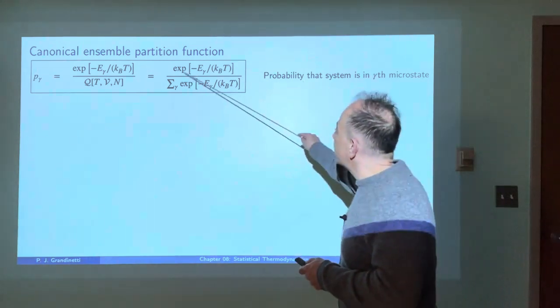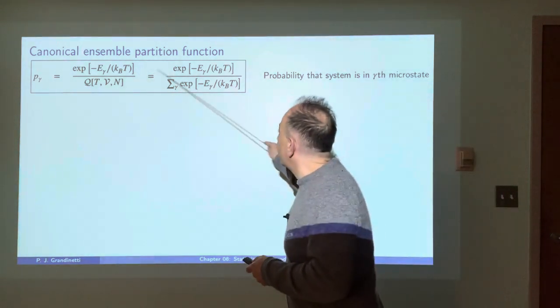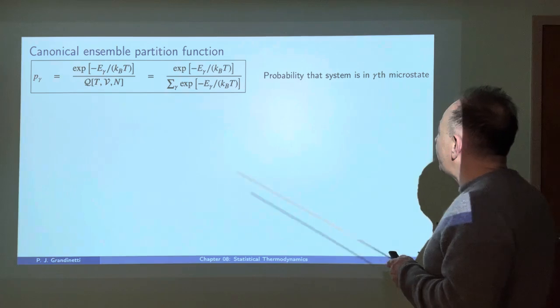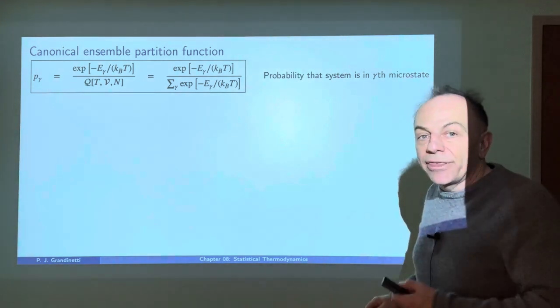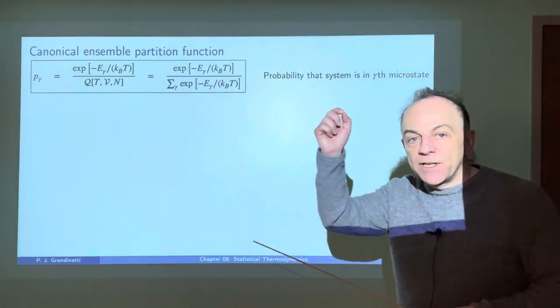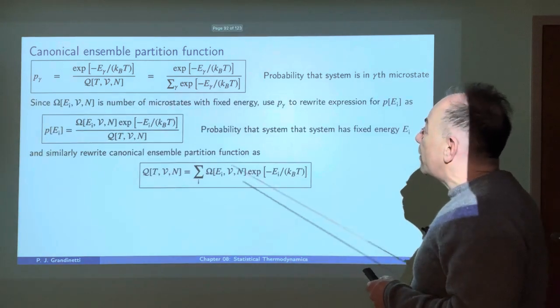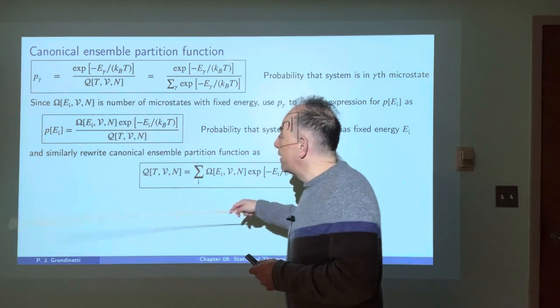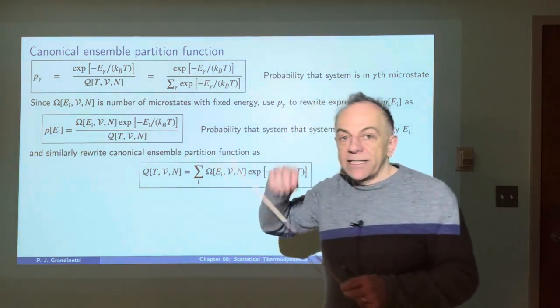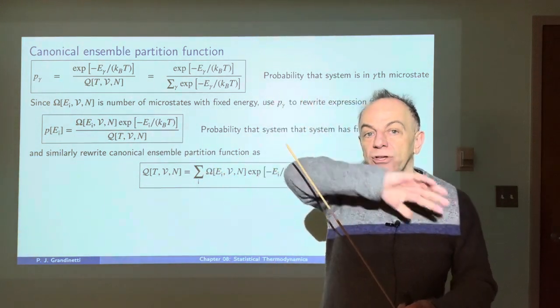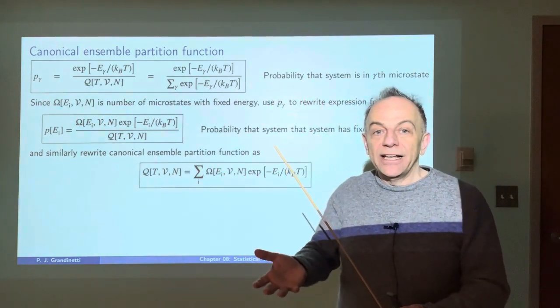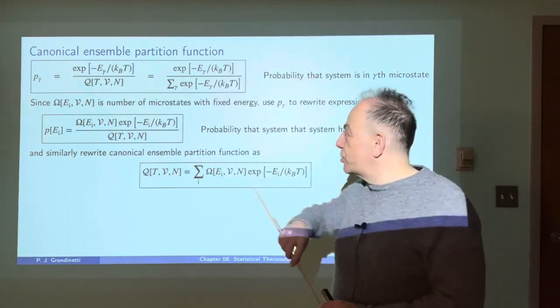So given this here, I'll rewrite it over here like this. This is the probability that the system is in the gamma microstate, in a very specific microstate in its phase space. Now, we also know that when a system is in a gamma microstate, there's also a constant energy hypersurface that gamma is associated with.